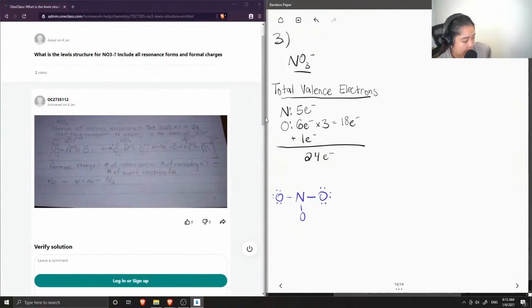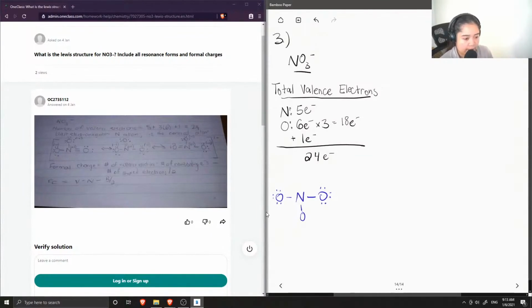Before I fill out the last one, let's count how many I've drawn so far. So we have 8, 9, 10. If we recall that each bond contains 2 electrons, I have so far drawn 10 electrons and I need 24.